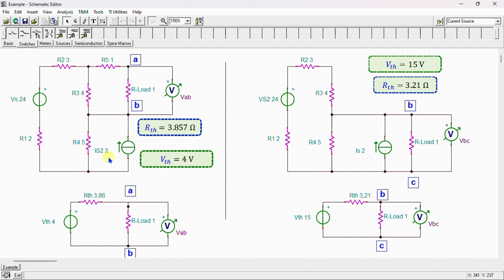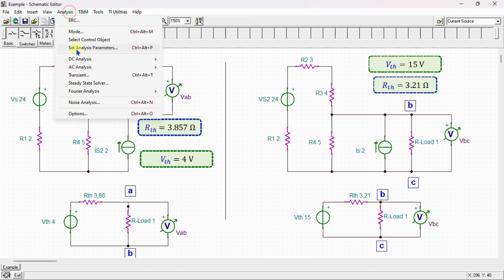We can see here this is the Thevenin's equivalent with respect to terminals A and B, and this is the Thevenin's equivalent with respect to terminals B and C. Let's start first with the Thevenin's equivalent with respect to A and B. I connect here a load resistor and here also a load resistor.